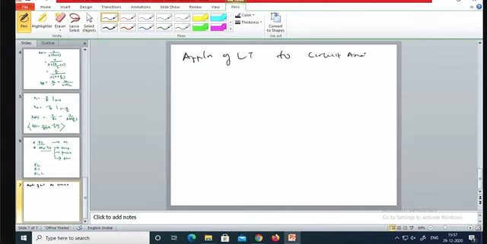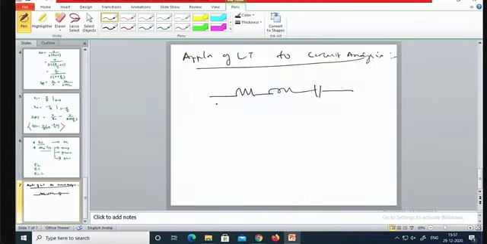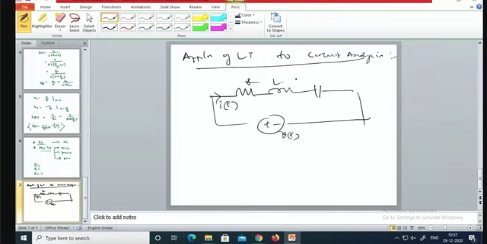How you can directly apply the Laplace transforms to circuit analysis. So, for example, you have got a series RLC circuit, and you have got a voltage source like this, and the current is flowing like this, I of t, and this is V of t, R, L, and C here.